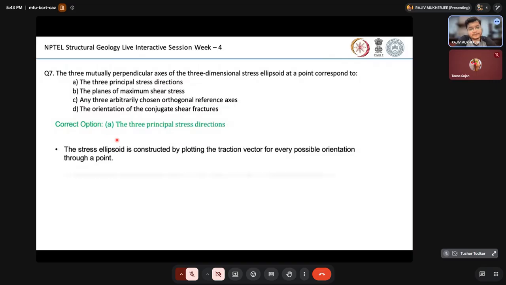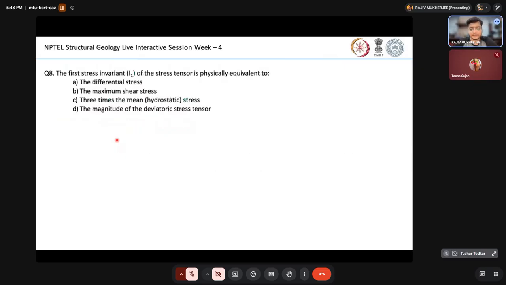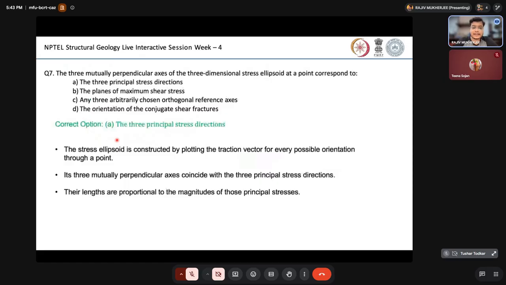Its three mutually perpendicular axes coincide with the three principal stress directions. Their lengths are proportional to the magnitude of these principal stresses. And that's how we get a stress ellipsoid.